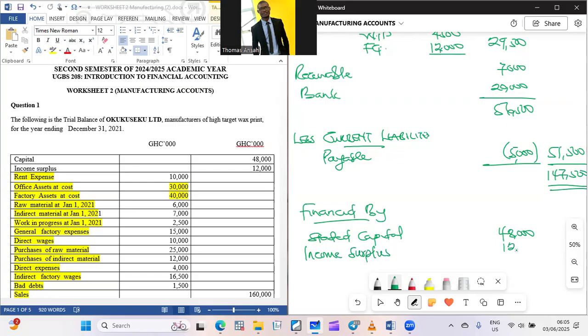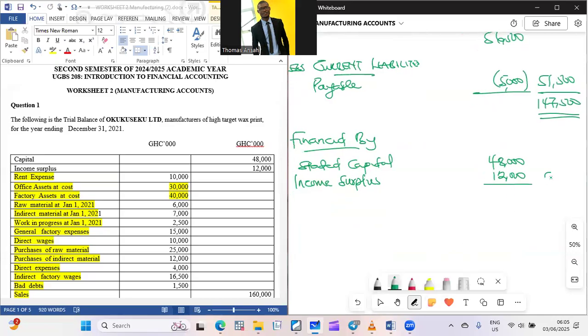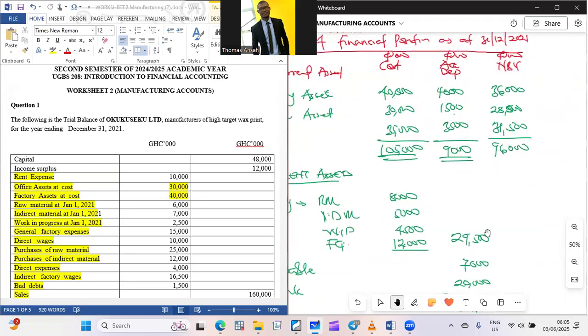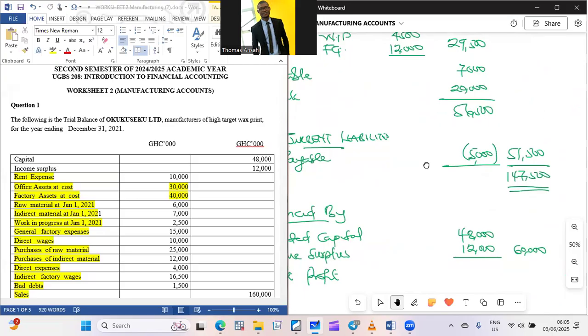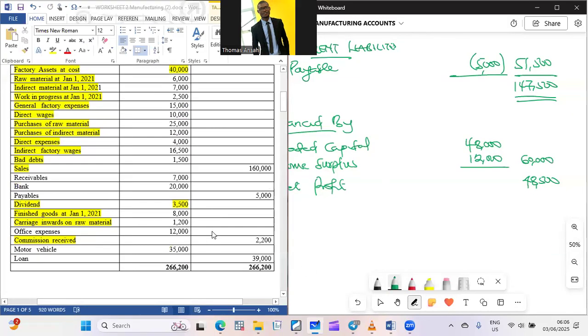So income surplus is 12,000. That total is 60,000. Then my net profits that I had from my trading. How much did we get? 48,500, right?